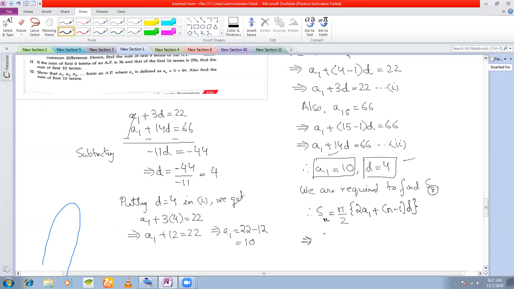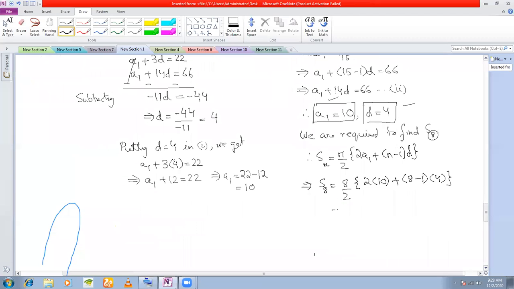That means S8 is n by 2, the value of n is 8, so 8 by 2 into twice A1 plus 8 minus 1 into d. And that's it. These are the sum of the first 8 terms. Just cancel there. 4, we have 20 plus 7 into 4 is 28.